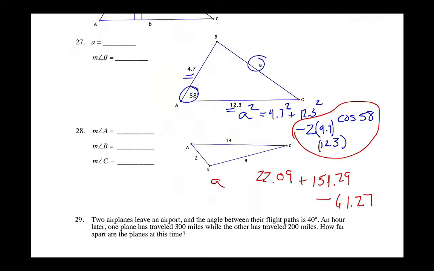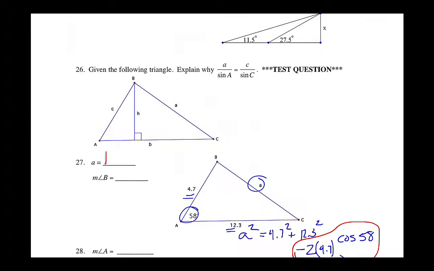So this is equal to a squared. Well, I just need to put this in my calculator. 22.09 plus 151.29 minus 61.27 gives me 112.11 equal to a squared. Well, I still have to square root to figure out what a is. So the square root of that ends up giving me 10.58, which we're going to say is close enough to 10.6.